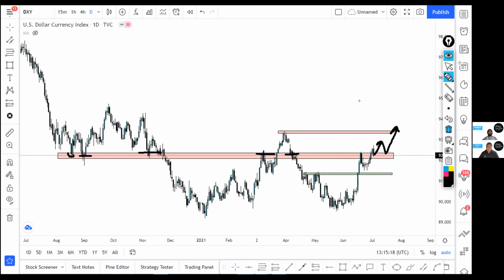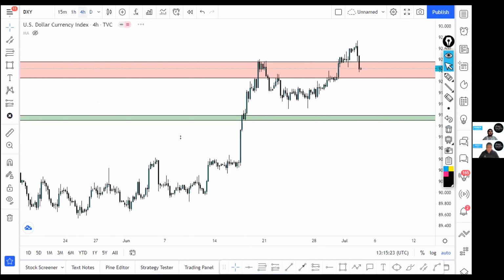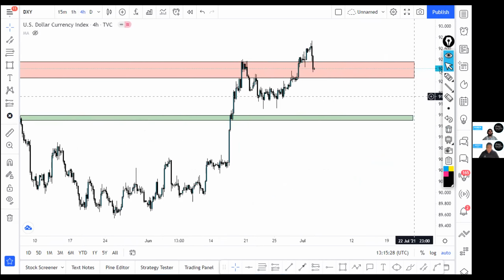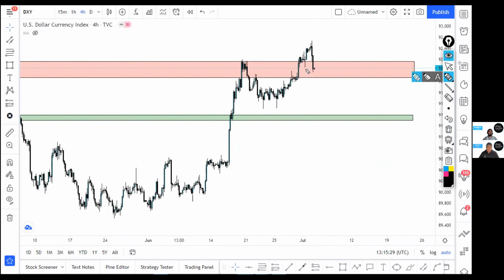If we zoom in to the 4-hour chart, we can see that the price action here is very aggressively to the downside. We are facing this resistance, and we closed below this area again. So I need to see a clear breakout of this area and a retest for the next move to the upside.